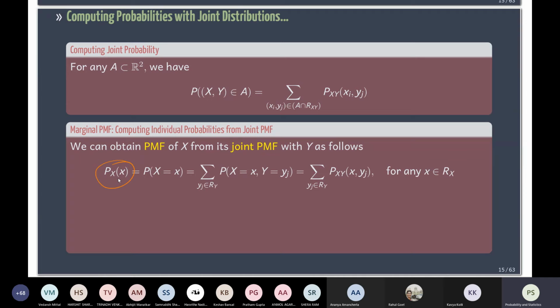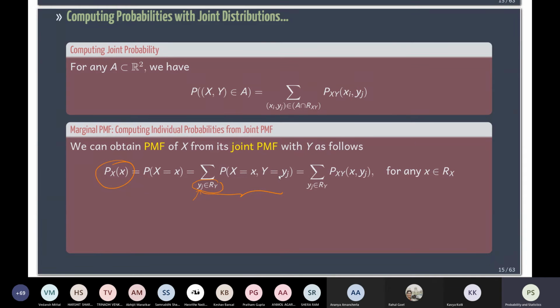If you are supposed to find the probability of only the x values, then this is equal to the probability that X is equal to x. Then what you have to do is the following. Remember what is happening here. X equals x is a fixed thing, but you are summing over all y equal to yj. So all yj in the range you have to sum up.